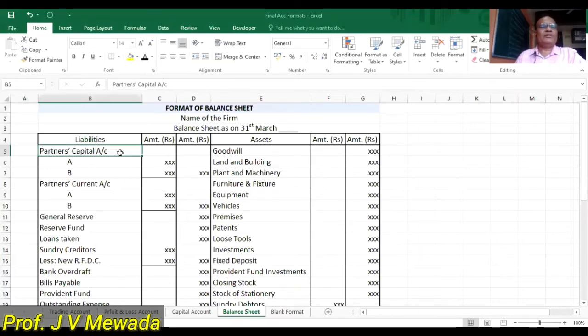First we show the partners' capital, capital of A and capital of B. This we will get from the capital account. And if we have a current account, that is, we have opened a current account and the method is the fixed capital method, then again we show the balance of A and balance of B if both partners have a credit balance.